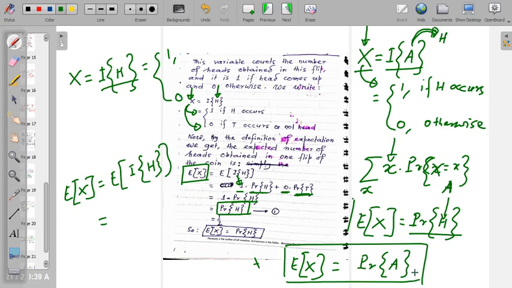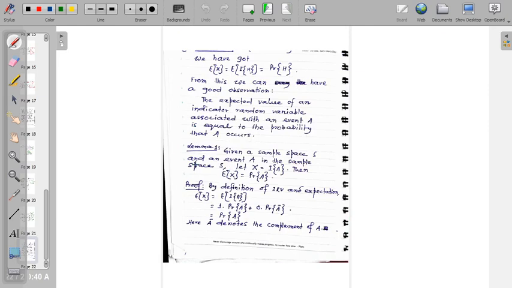And this is our lemma 1, which we will be using on and on, in an ad hoc fashion, several times. Given a sample space S and an event A in the sample space, let X be the indicator random variable associated with this event.